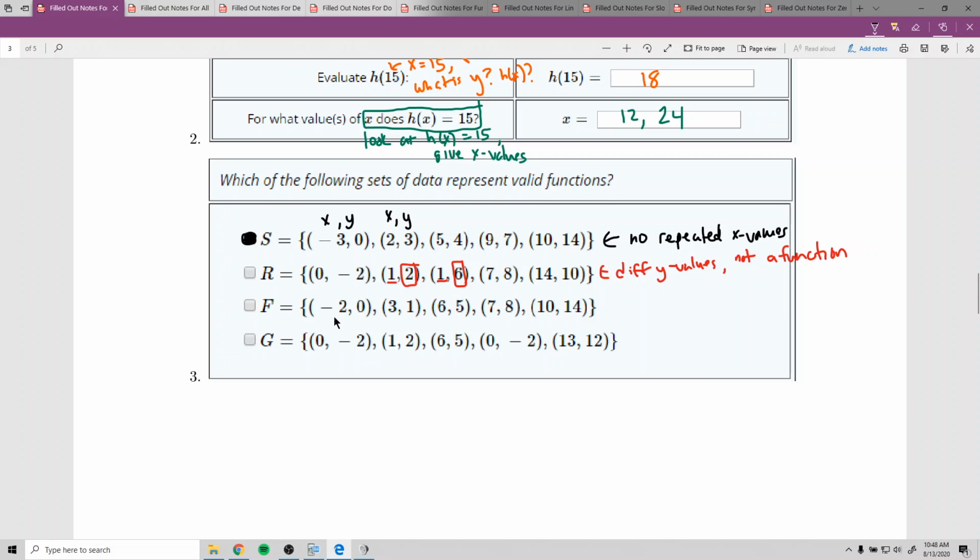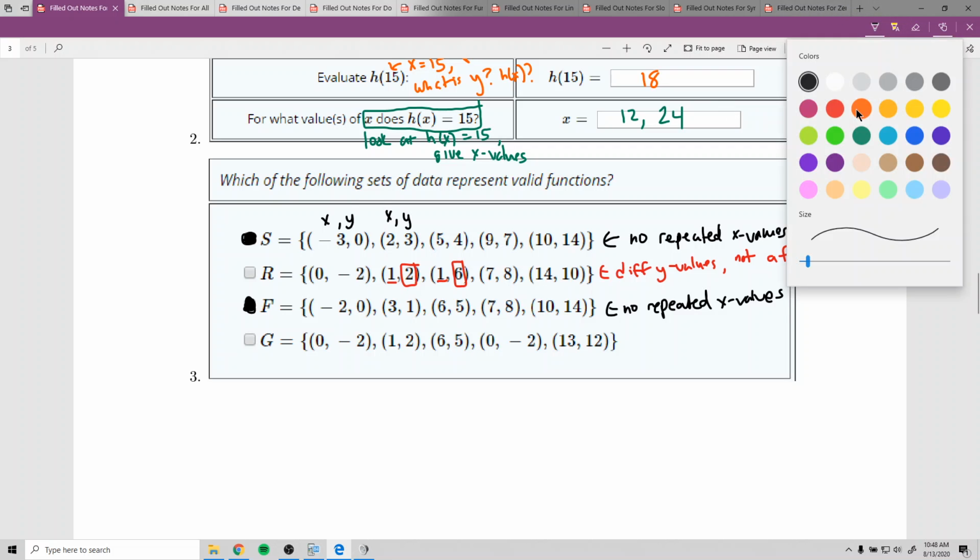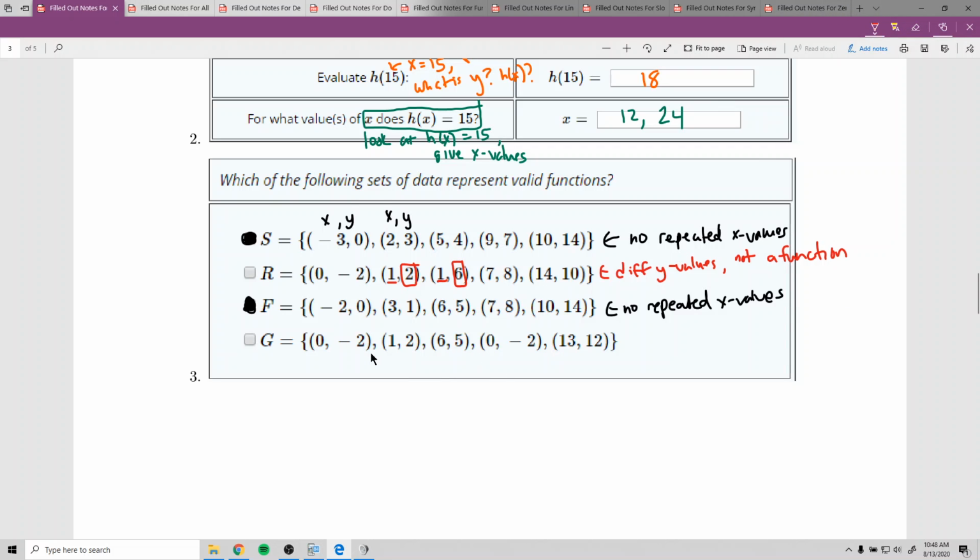All right, the third one here, the x values -2, 3, 6, 7, and 10 are not repeated. So it's automatically a function. And then the last one, we do have a repeated x value. Again, it's 0.